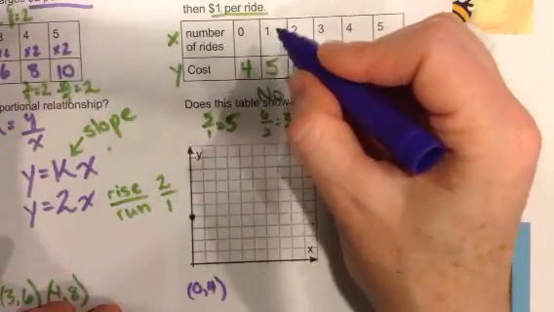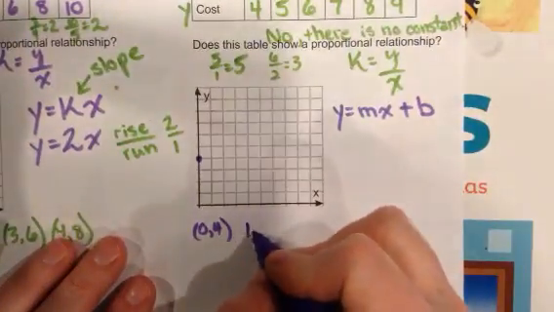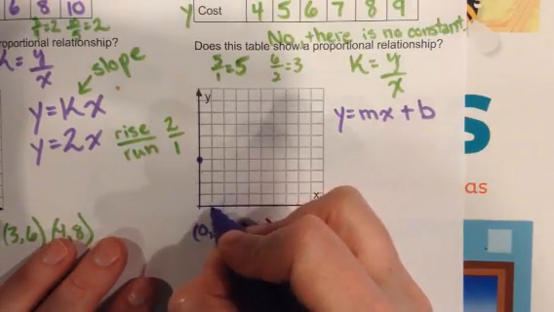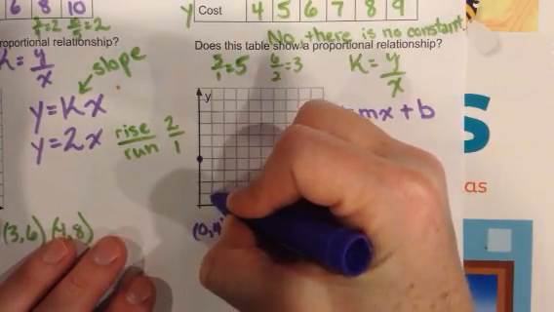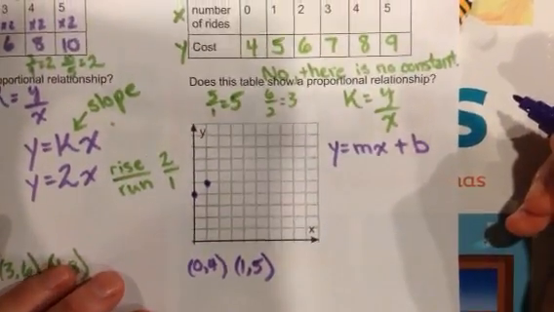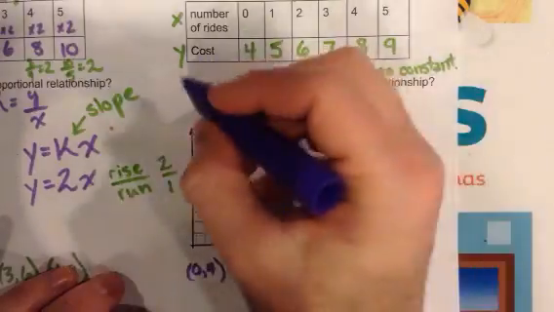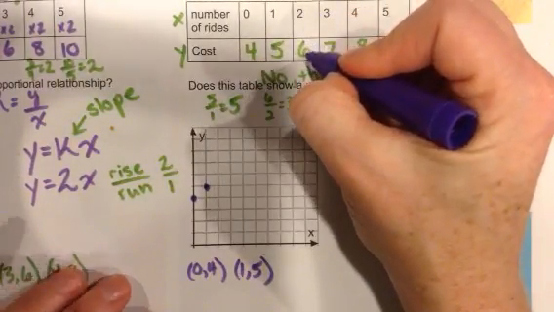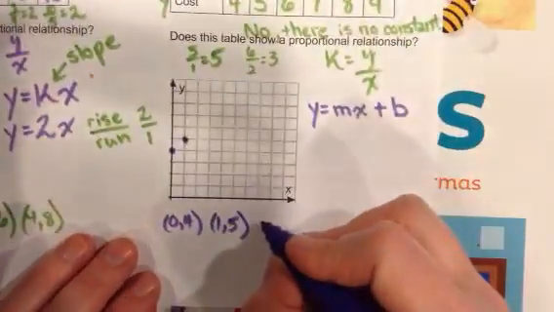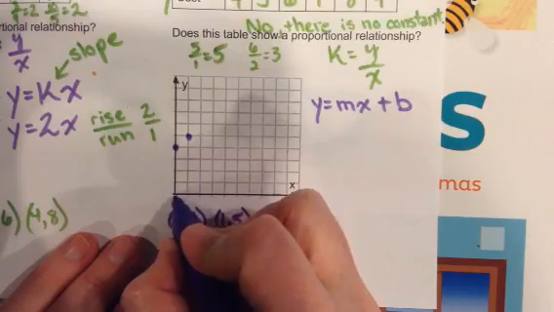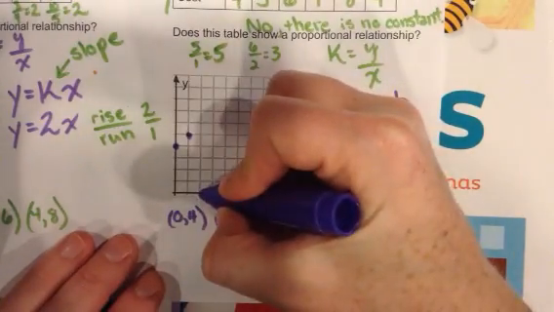Okay, my next point said 1, 5. So from the origin, I'm going right 1 and up 5. My next set of coordinates from the table said 2 and 6 for the x and the y. I'm starting from the origin. I'm going right 2 and up 6.